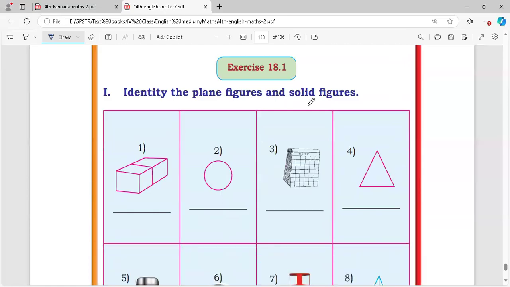Exercise 18.1. Identify the plane figures and solid figures. This is a solid figure. This is solid. This is plane. Circle is a plane figure. This is solid. Triangle is a plane figure.